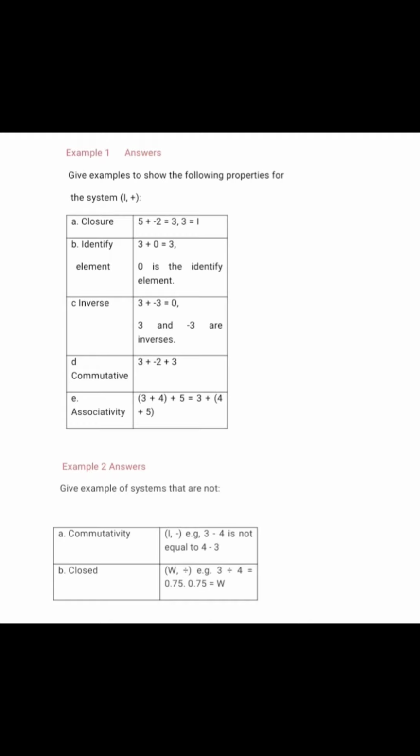D. Commutativity: 3 plus negative 2 equals negative 2 plus 3. E. Associativity: 3 plus 4 plus 5 equals 3 plus 4 plus 5.